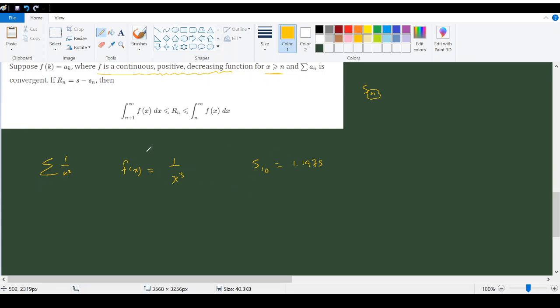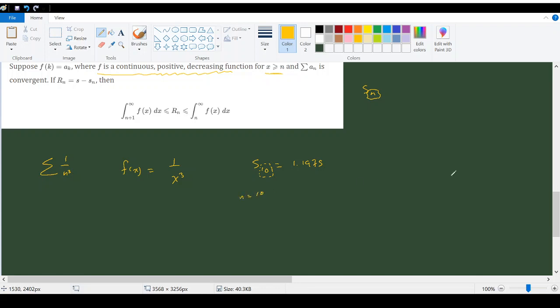So now we have all the tools. Actually we don't even need this number. What we need is a function and the value of n that we are going to consider, which is 10 in this case.